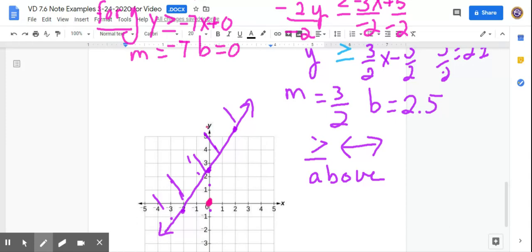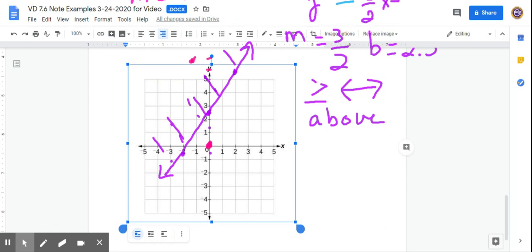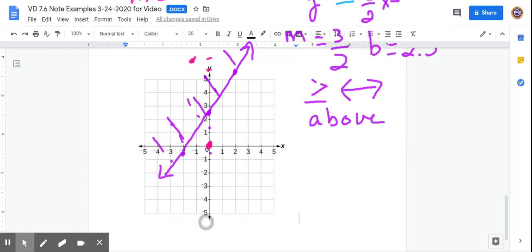Go up 7, so 5, 6, 7, and left 1 is going to be here. Or you can go down 7. Okay. Which would be here, and right 1. So about there.